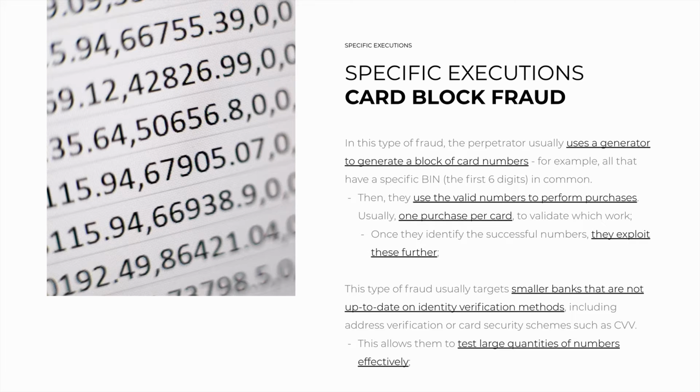So how easily can you exploit the cards that don't need a CVV number? Chances are very easily. So fraudsters can test large quantities of card numbers effectively, and they can identify the cards that have the weakest security, and they leverage those.